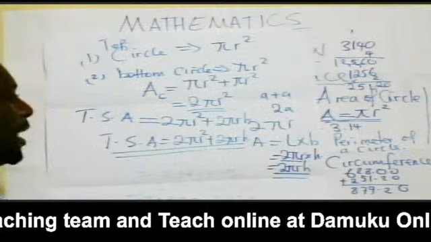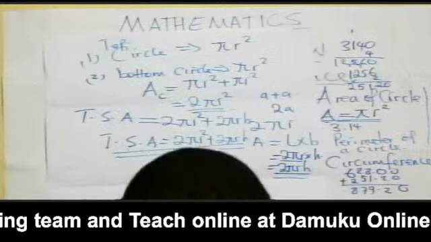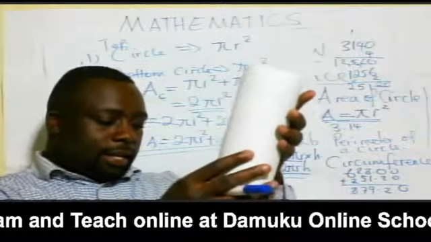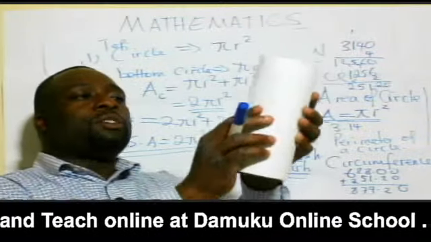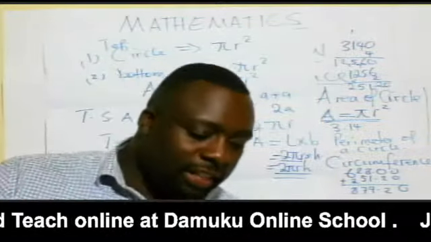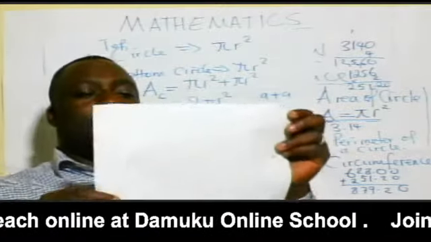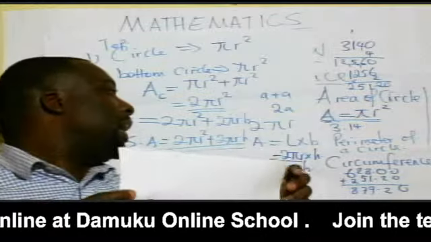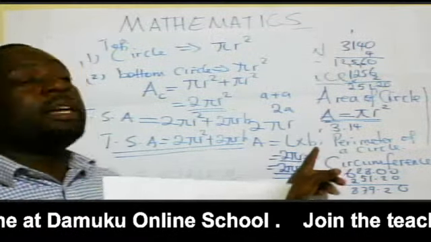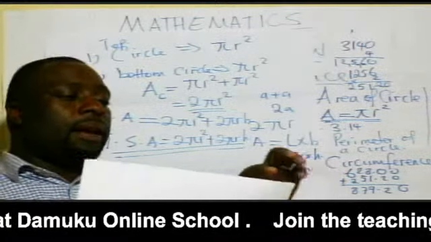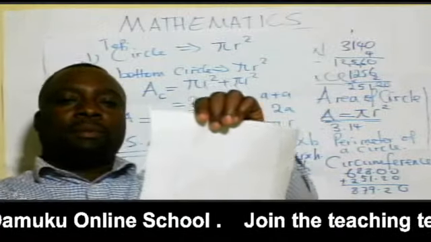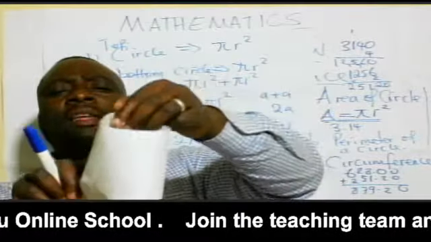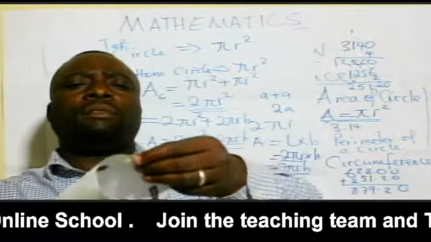Next, if we look at the outward part, once we unwrap it, you discover that it will be in the form of a rectangle. And you know the area of a rectangle is L times B, which is the length times the breadth, or the width. Now, if we close it, the length becomes a circular form.